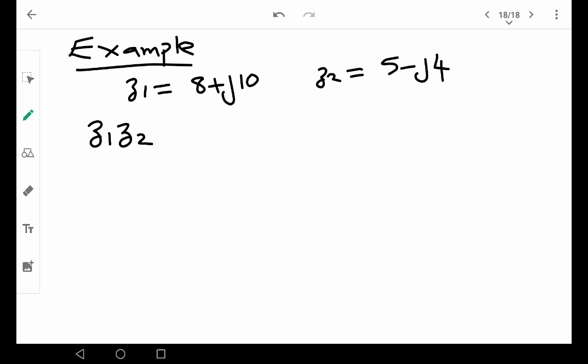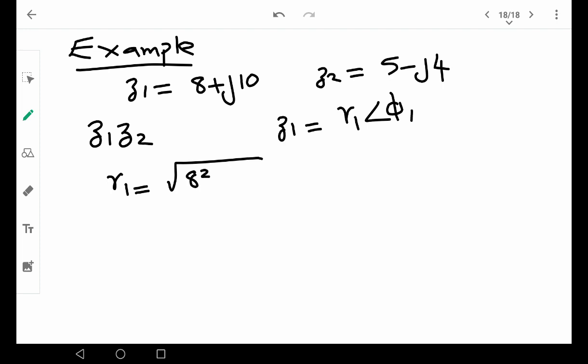So you have to write z1 in the form r1 angle phi1, right? So what is r1? r1 is square root of 8 square plus 10 square. If you calculate it, it will come as 100 plus 64, that is 164, something around 12.81, right?